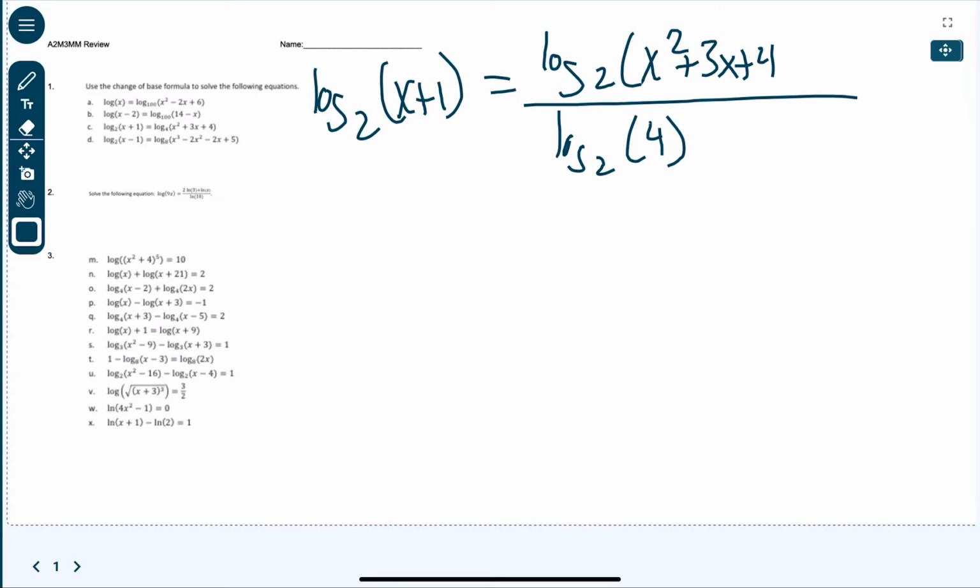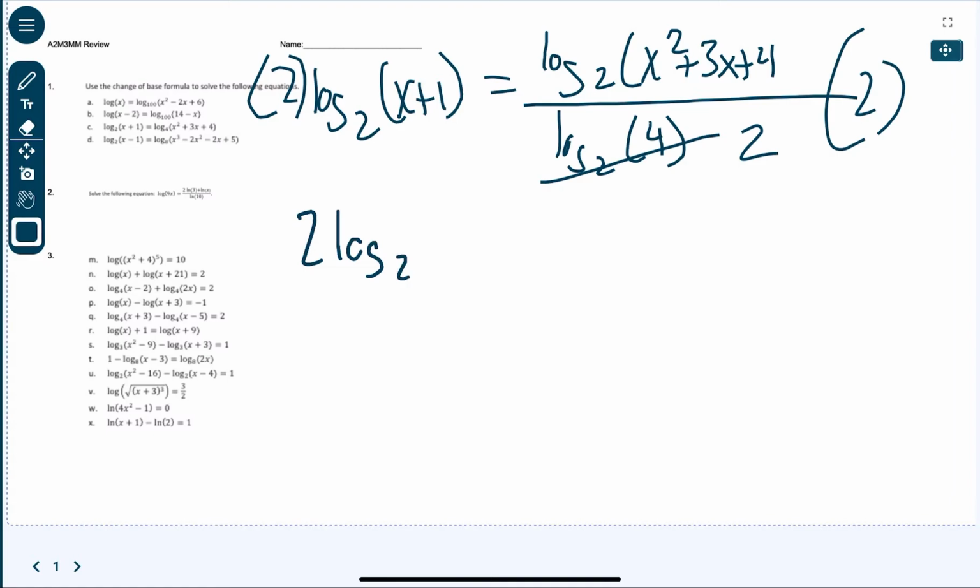So to what power? Actually, we don't have to do that. Yeah, let's do it. Log base 2. To what power of 2 is 4? Well, this is going to be equal to 2. So once again, we're going to multiply by 2 on both sides. And let's do 2 log 2 x plus 1. And keep writing this.